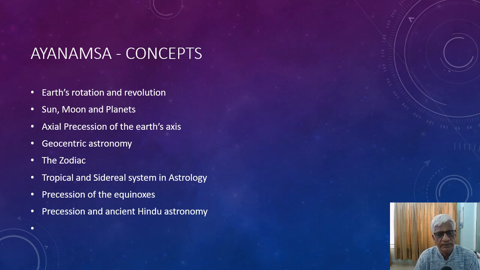The concepts we will recap are Earth's rotation and revolution, the Sun, Moon and planets and their orbital path, the Earth's axis and its movement, axial precession, what is meant by geocentric and heliocentric astronomy, the zodiac as per the astrological terms, and tropical and sidereal systems of astrology.